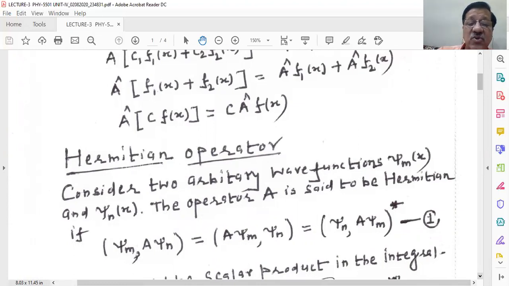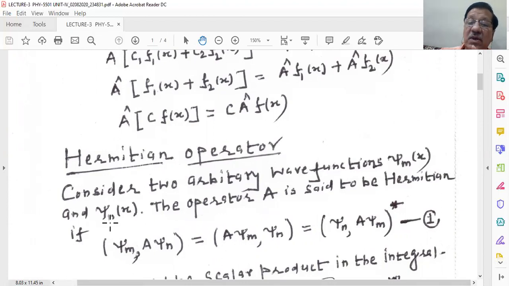Consider that you have two arbitrary wave functions, psi m of x, where x is the argument in one dimension, and psi n of x. You see here the subscript m, and here the subscript n.